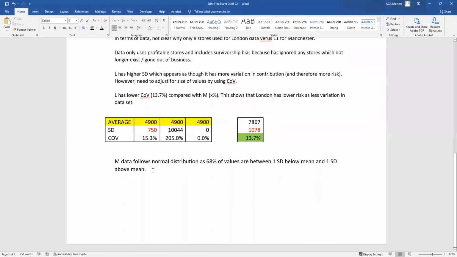So we said Manchester follows normal distribution. 68% of values are between 1 SD below the mean and 1 SD above the mean. Can use Z-score and normal distribution tables to calculate probability of making a loss.